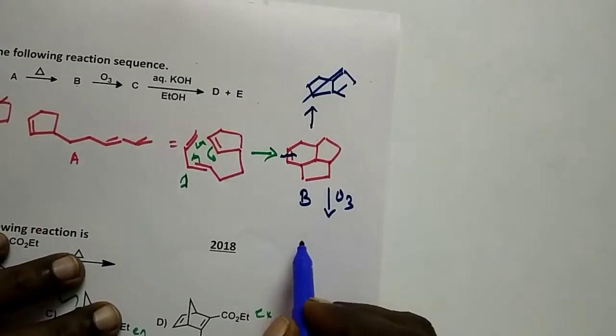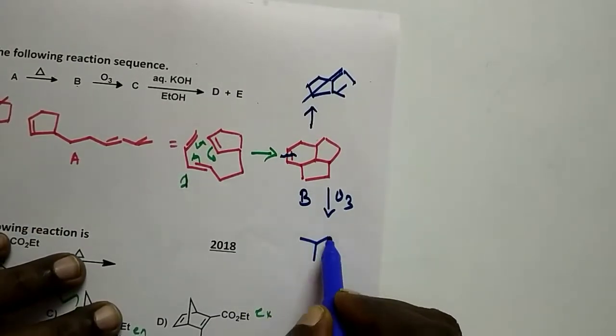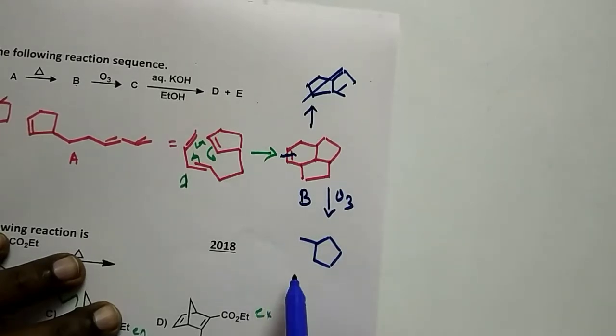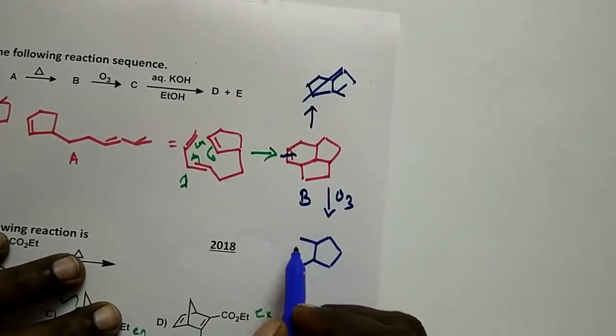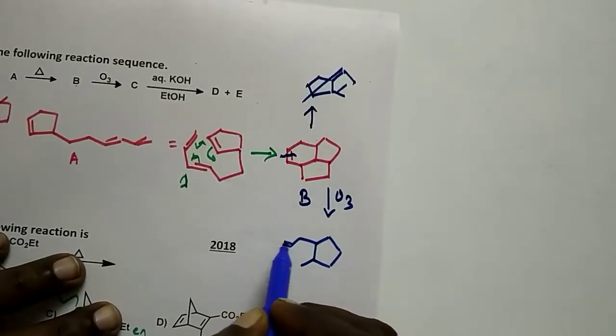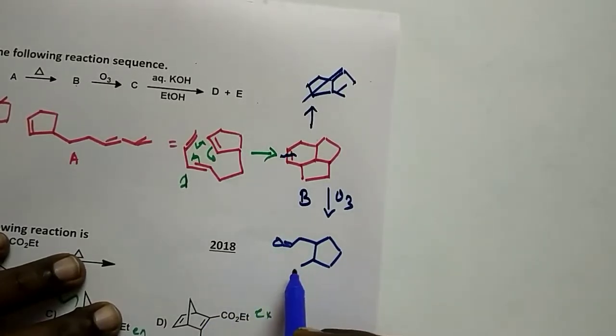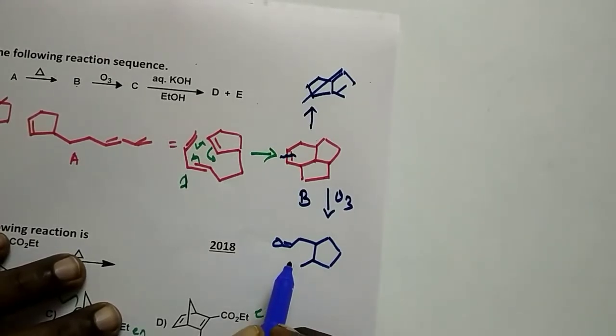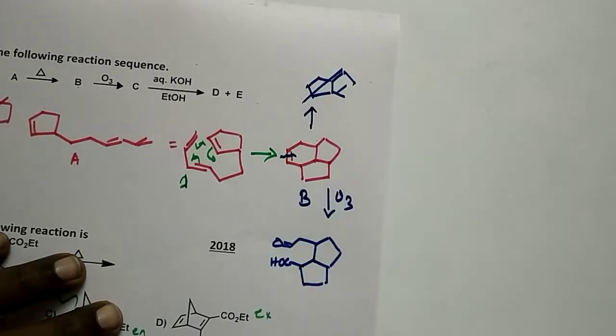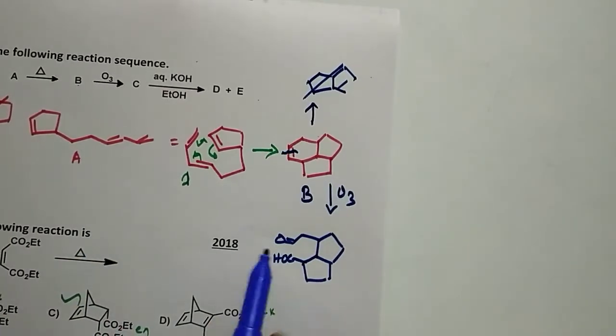The bond is broken this way. Aldehyde, and here one more aldehyde. After ozonolysis, you get it like this.